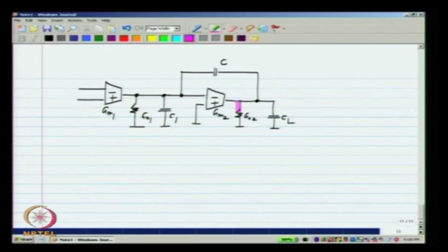So, now originally the conductance here was GO2, now it appears to be something different. Originally the capacitance here was CL, now it again appears to be something different.